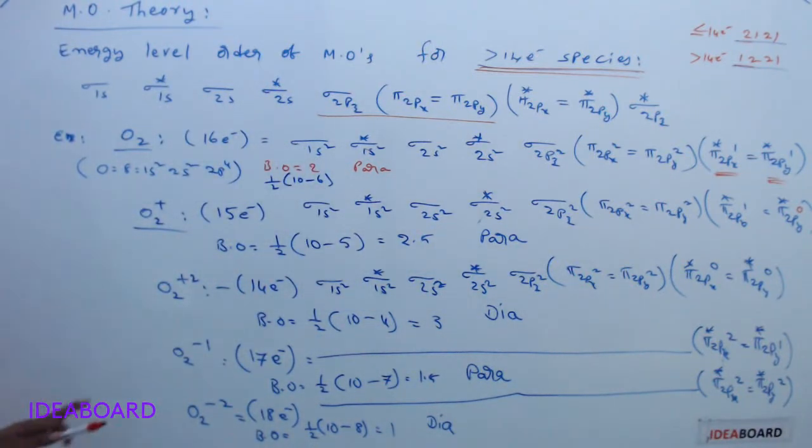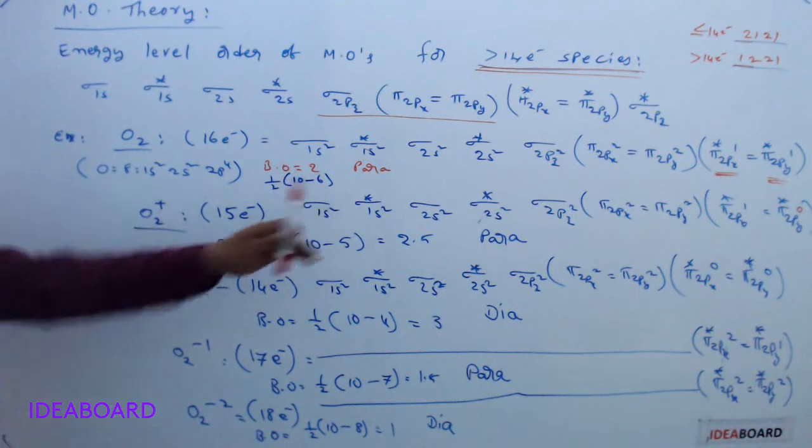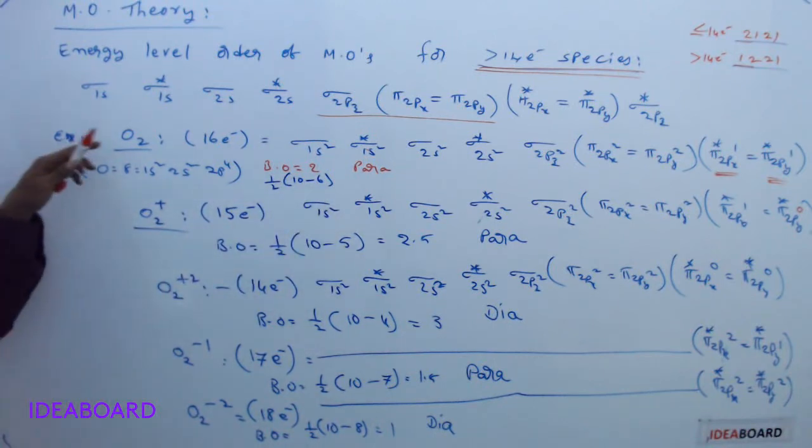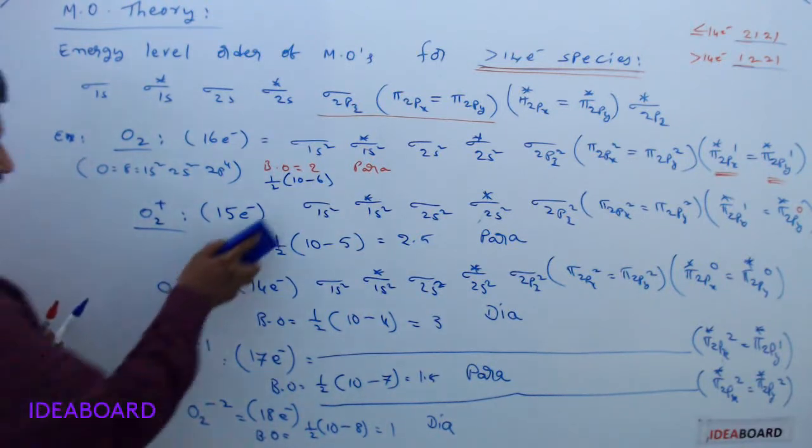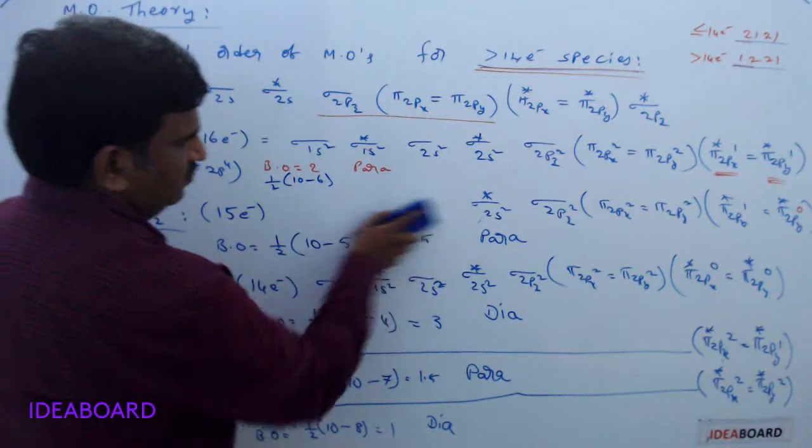So please check it once again. I will erase the configurations, keeping only O2, and we will write the bond order values of the different ions. Based on bond order, we will get the stability order.